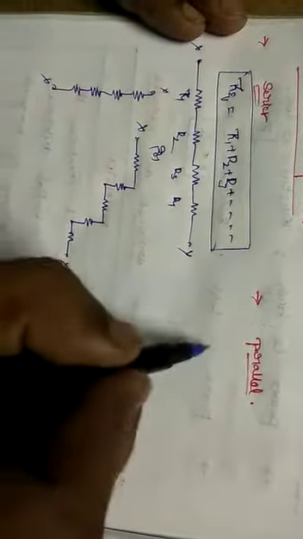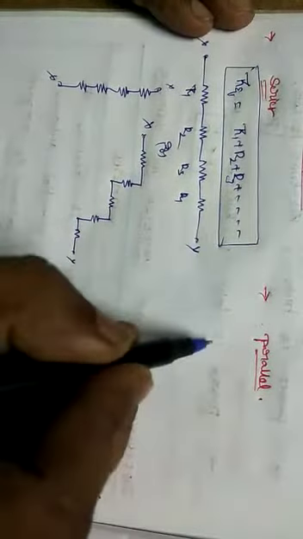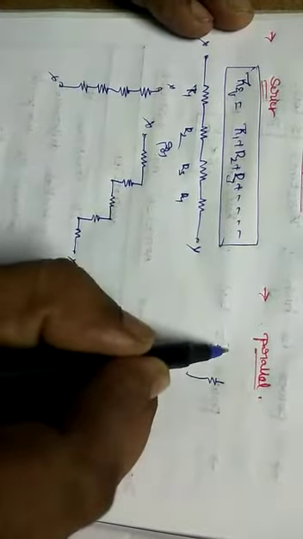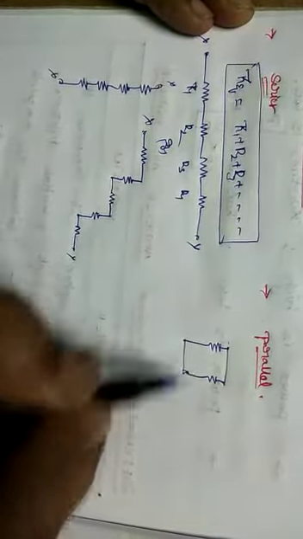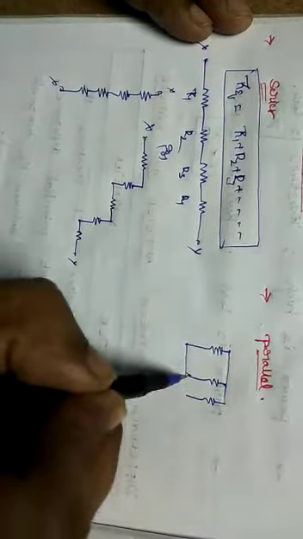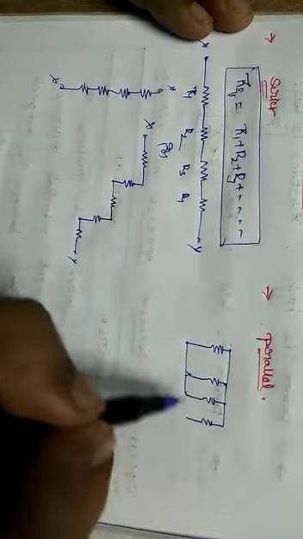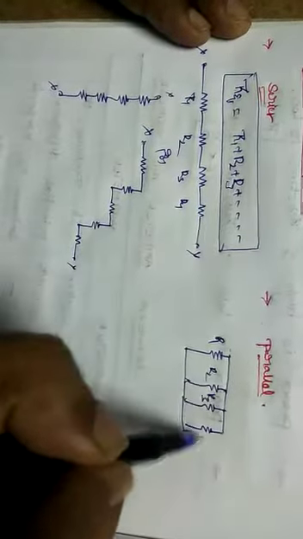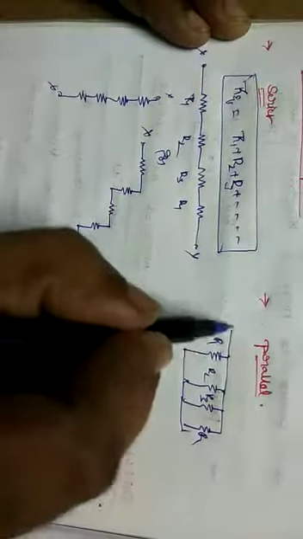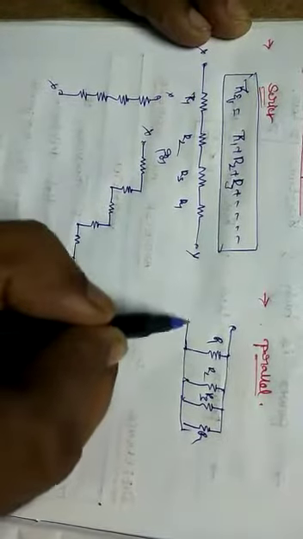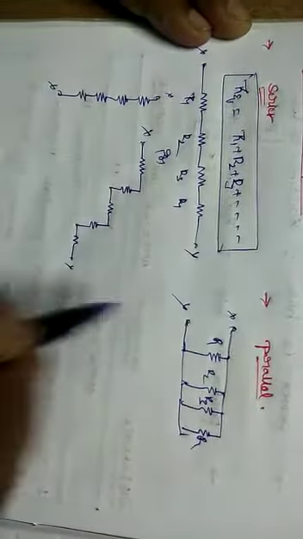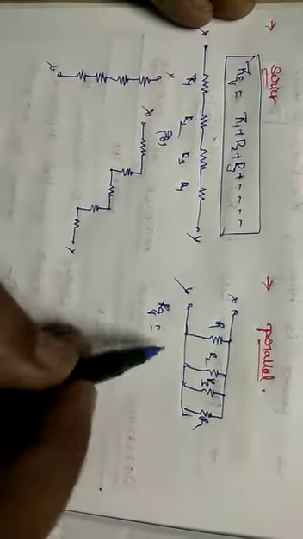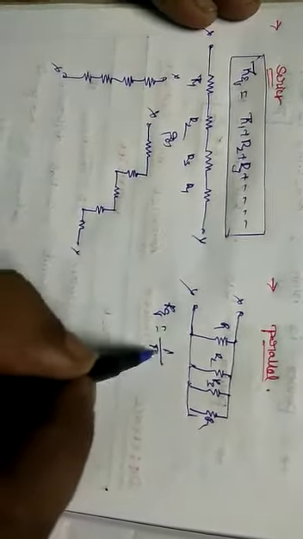See the parallel. Parallel means 1 by 1. The connection should be like here. So R1, R2, R3, R4 across X and Y. So here R equivalent is equal to the reciprocal of the sum of all resistances.